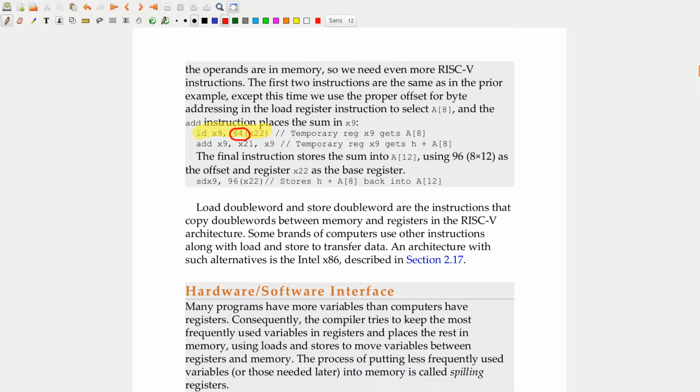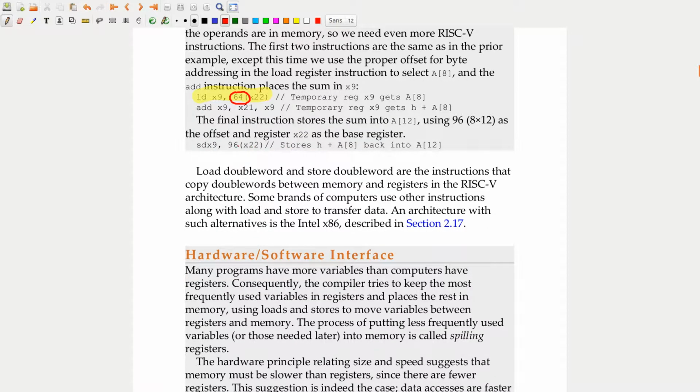Okay, and then we just do addition like we knew earlier. And then we have a store. This time we want to put it in 12. As we calculated earlier, we want to put it in the 13th double word location. So 64 plus 32 is 96.